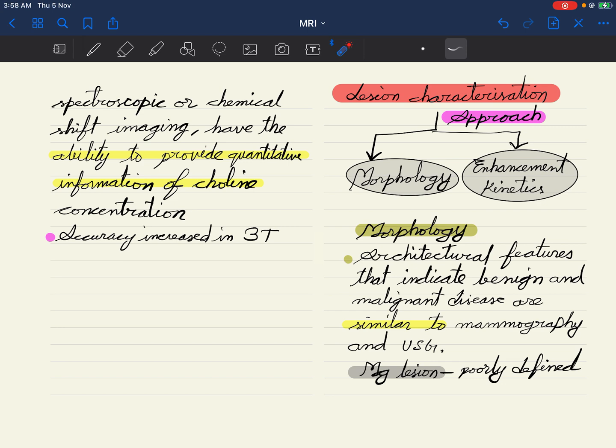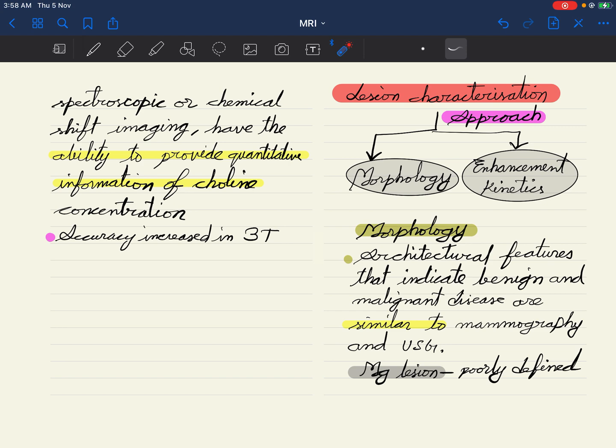The more the membrane synthesis, the more the choline concentration will be, and so we can thus assume that either it is a malignant lesion or not a malignant lesion. And the accuracy of spectroscopy is increased by 3 Tesla machine.